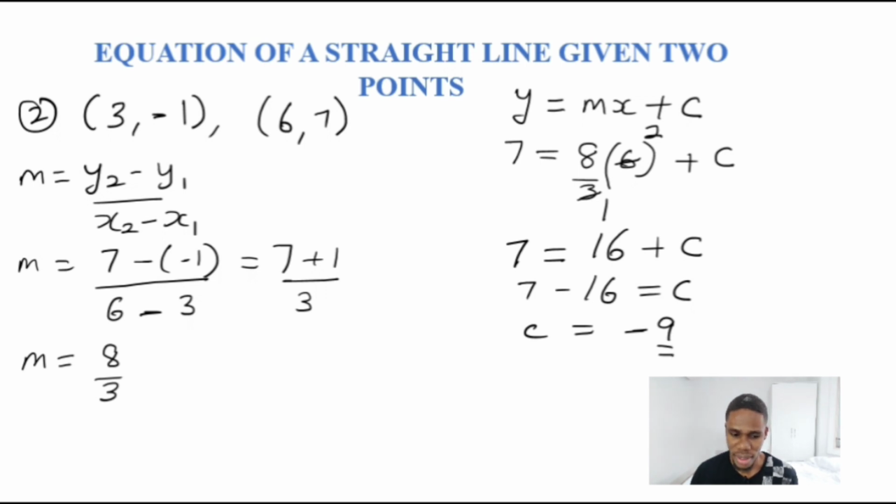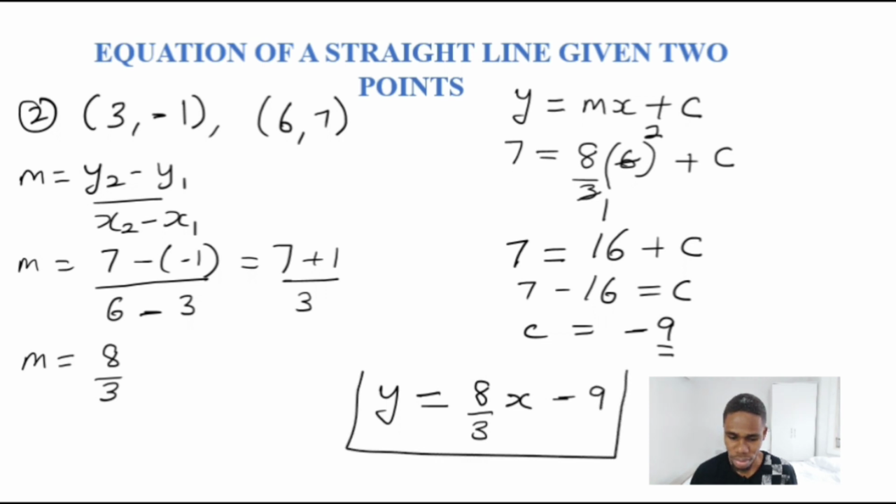You get the same answer when you insert 3, -1 into your x and y coordinates. So we now have our equation of the straight line to be y equals 8 over 3x plus our c, which is -9. And that's our final answer.